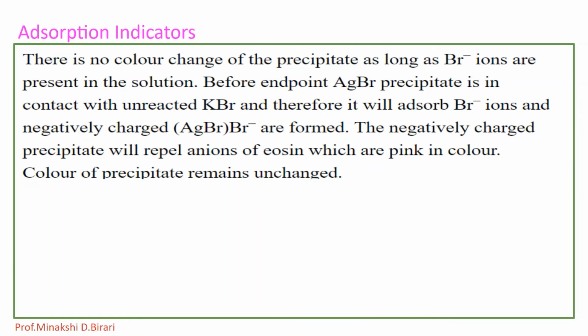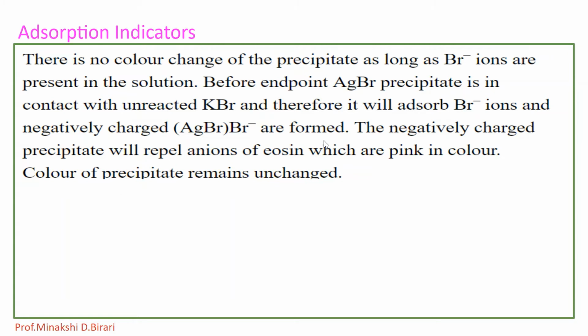There is no color change of the precipitate as long as Br⁻ ions are present in the solution. Before the endpoint, AgBr precipitate is in contact with unreacted KBr and therefore it will adsorb Br⁻ ions and form negatively charged AgBr·Br⁻.